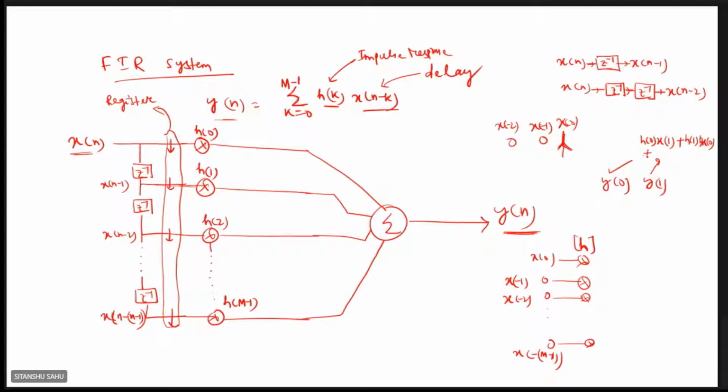Then h of 2 into x of 1 minus 2, so that means x of minus 1. It will go on like this, isn't it?